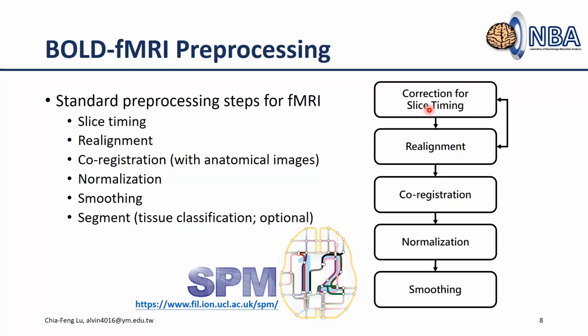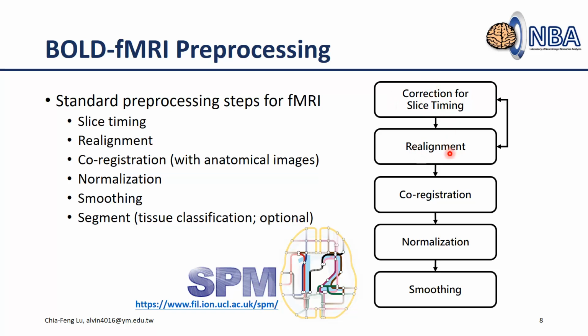So we call it slice timing. There is a very slight difference, I think around 10 milliseconds, between each slice. We need to correct for this slight time difference because it will definitely affect the temporal profile of our BOLD signals. So we need to do this step.